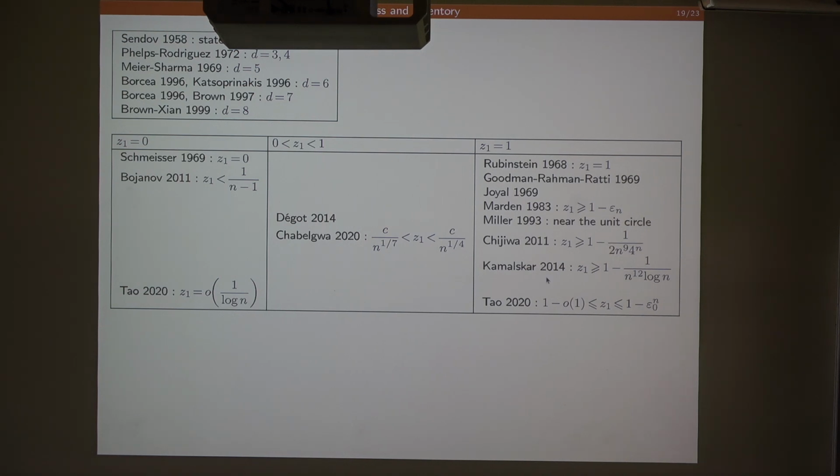And the work of Tao is, for me, very original compared to the previous work.